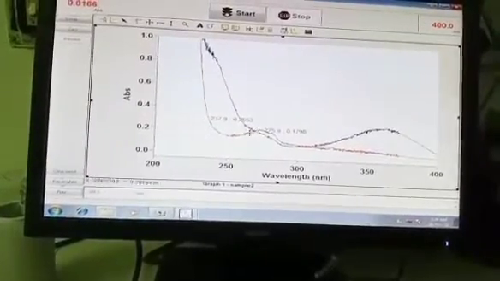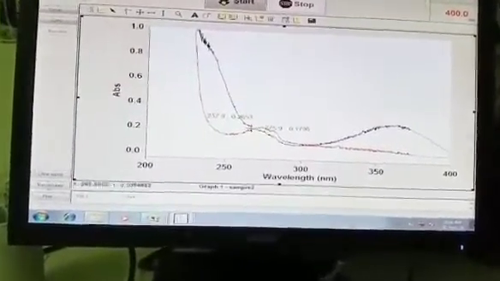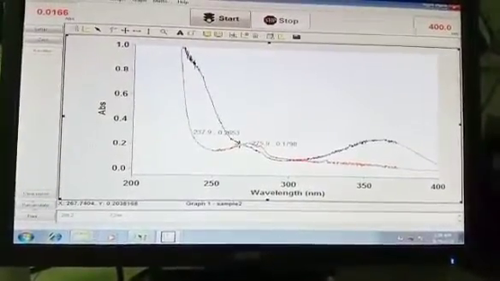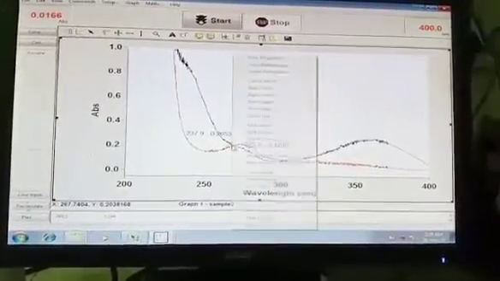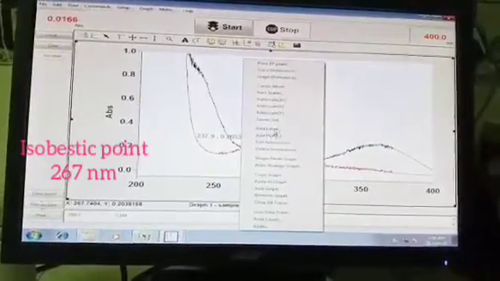This is the intersection of both the curves. Let me place the cursor on the intersection point. It is around 267. That is called the isobestic point.